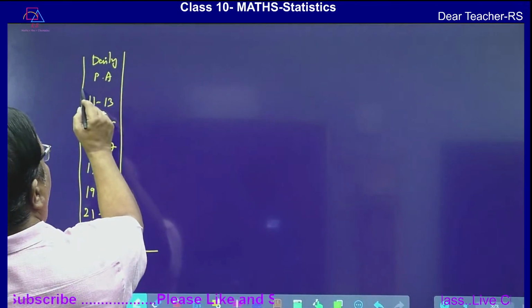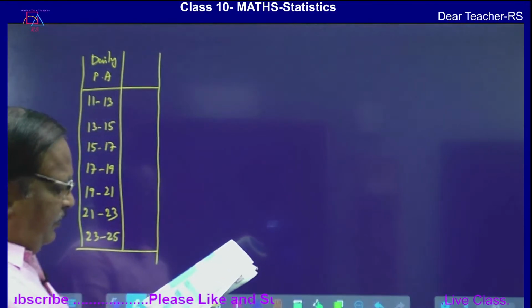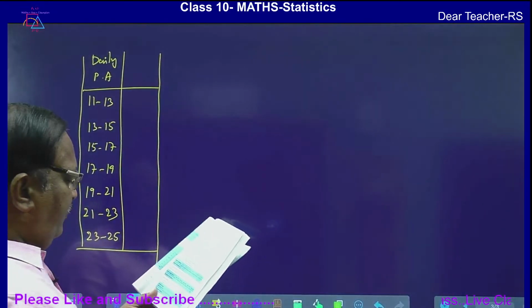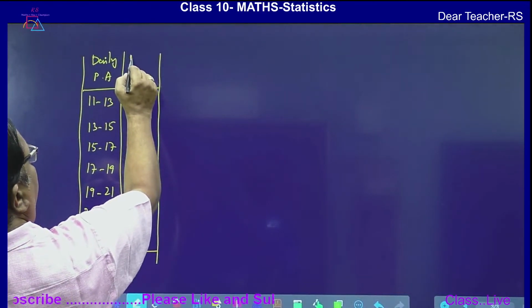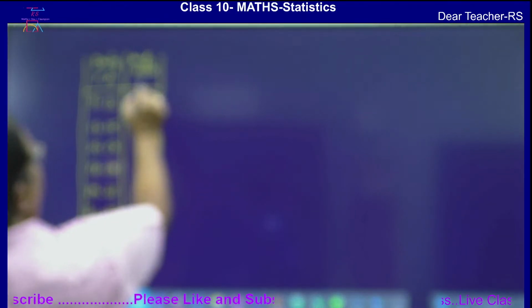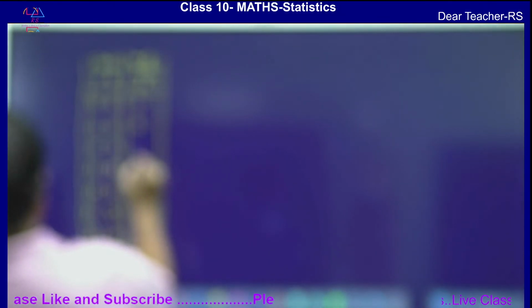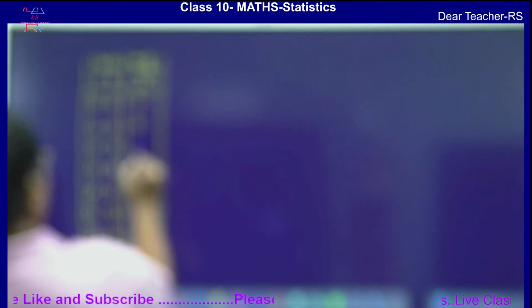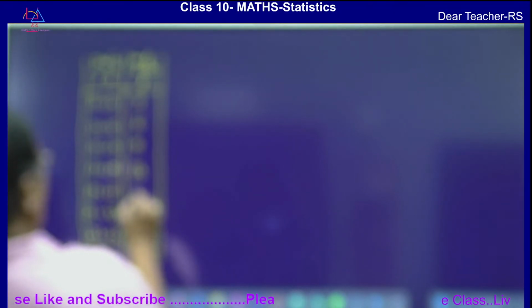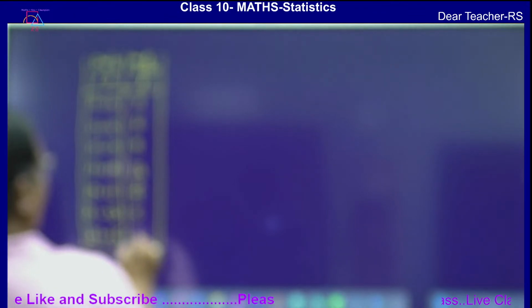So now number of students, so number of children or frequency. So this is Fi. So how much is given? 7, 6, 9, 13, F. This is the missing frequency, then 5 and 4.